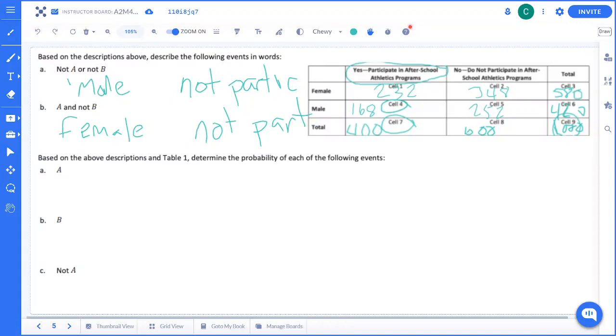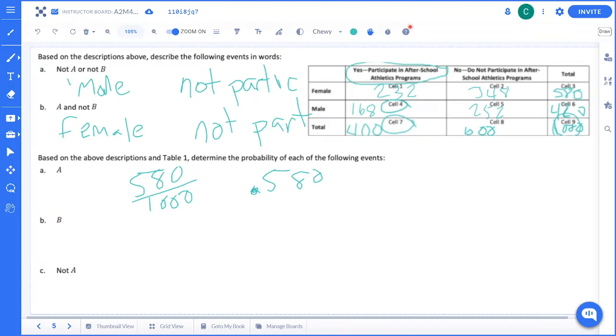So if we're talking about the probability, we would say there is a 580 over 1,000. That would be our probability, which ends up being, that's a decimal, guys, 580 thousandths or 58 hundredths.